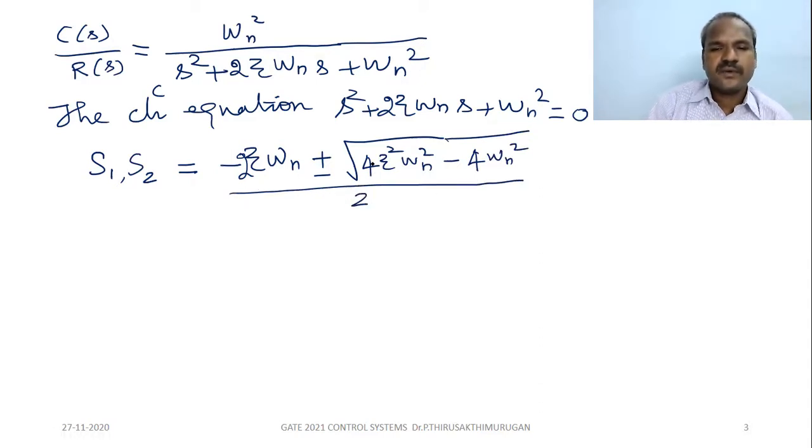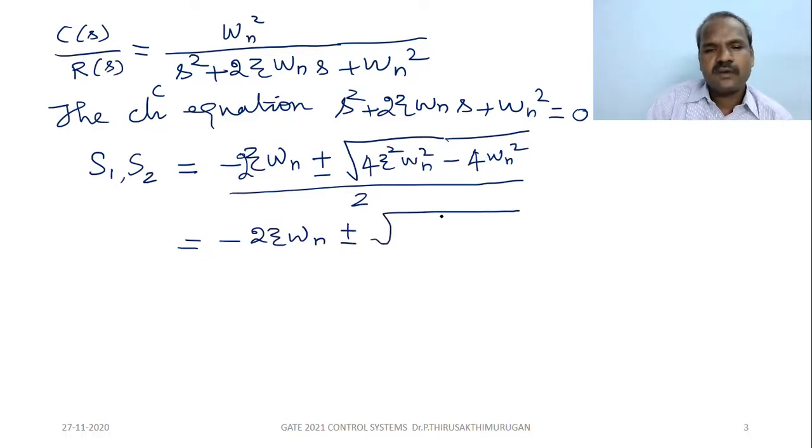If you simplify, we can take 4 as a common term in both terms. So remaining will be minus 2 zeta omega n plus or minus square root of 4 omega n square as a common term, with remaining zeta square minus 1.